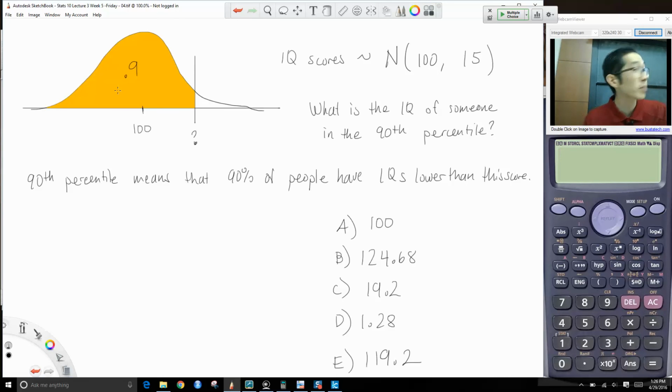Okay, and so we're going to go to our table, and we're going to look for 0.9 in the area. So the area closest to 0.9. And I think we find 0.9003. And this corresponds to the row 1.2 and the column 0.08.